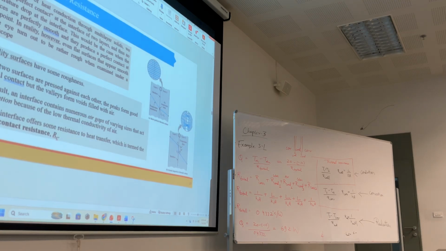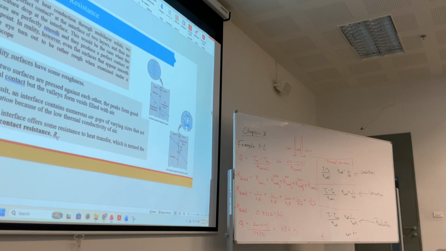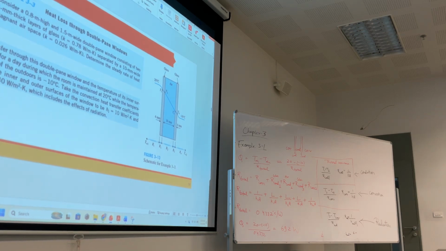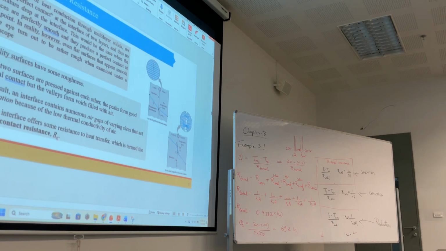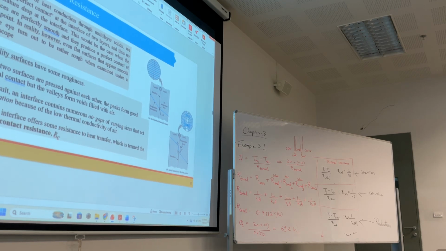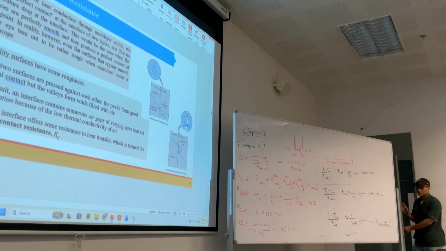Okay. The next topic in this chapter is thermal contact resistance. It means when you are stacking layers like this, when you are installing a window, installing a glass on your wall, or whenever you are attaching two layers, right? It's an ideal case that they are attached perfectly. There is no crack, there is no air gap.